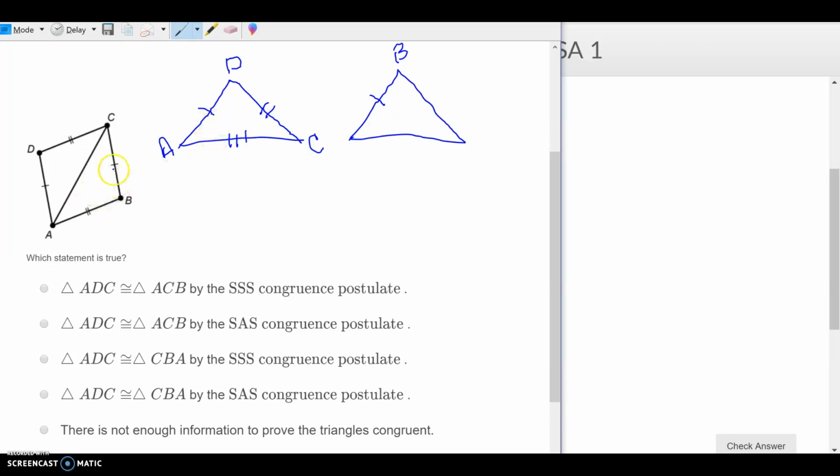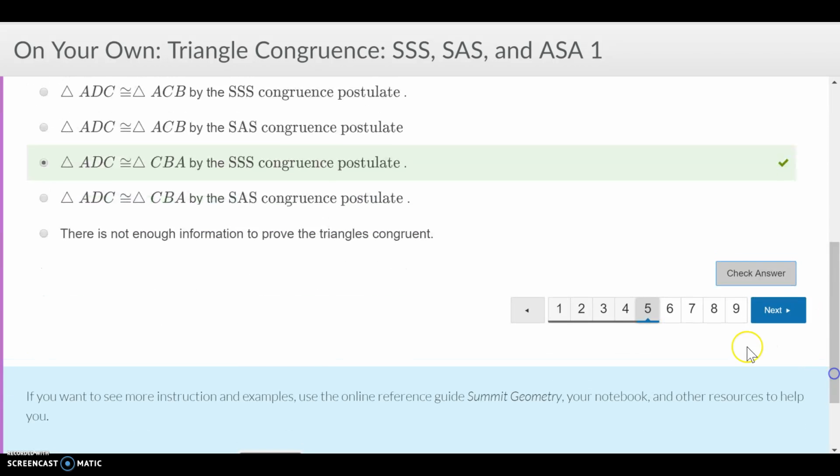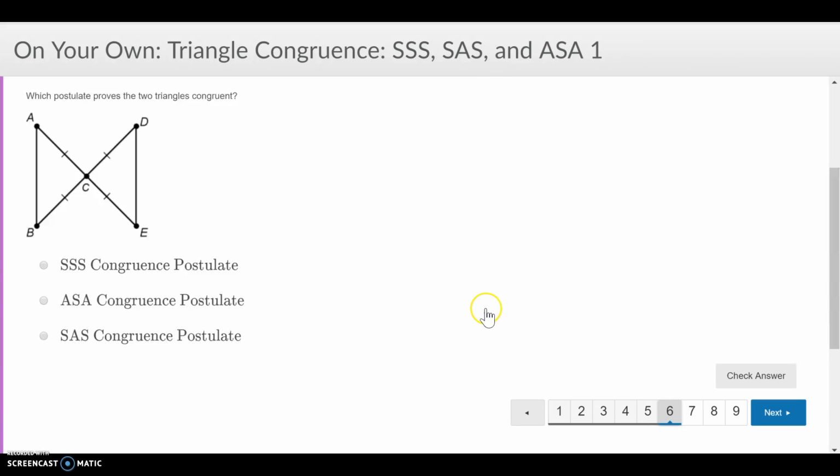Since this is that side, that has to be C, and that means this is the other congruent side, so that has to be A. So what happens here is A actually corresponds with C. So A and C, D and B, and then C to A. There we go. Careful with those that are turned differently.